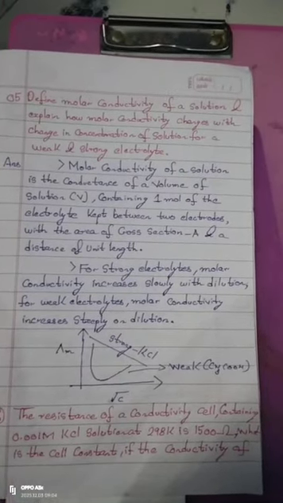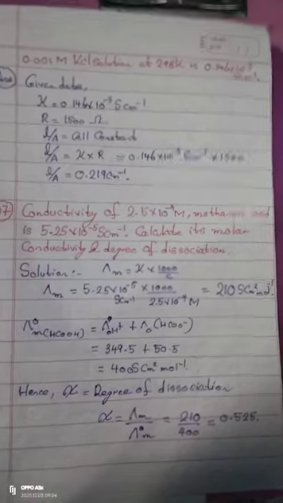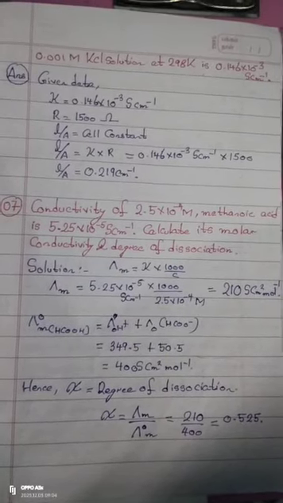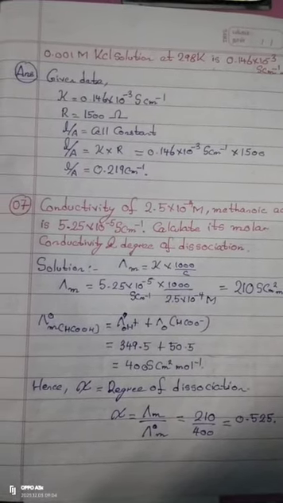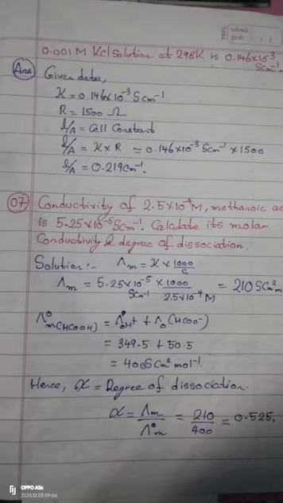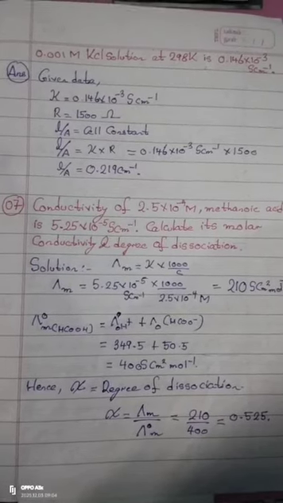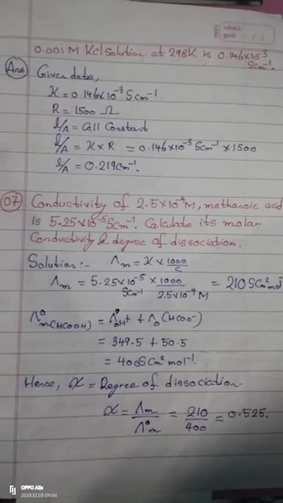What is the cell constant if the conductivity of 0.001 molar KCl solution at 298 Kelvin is 0.146 × 10^-3 Siemens centimeter inverse?